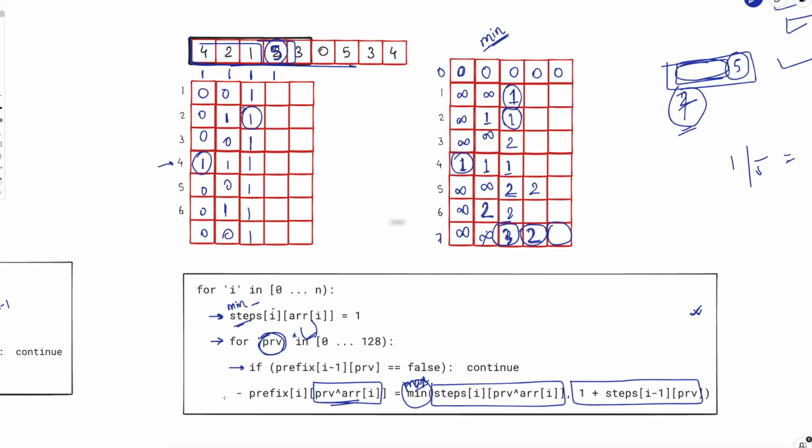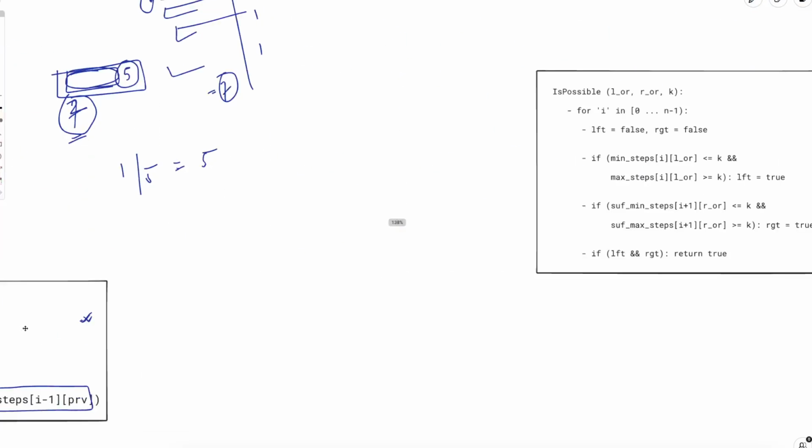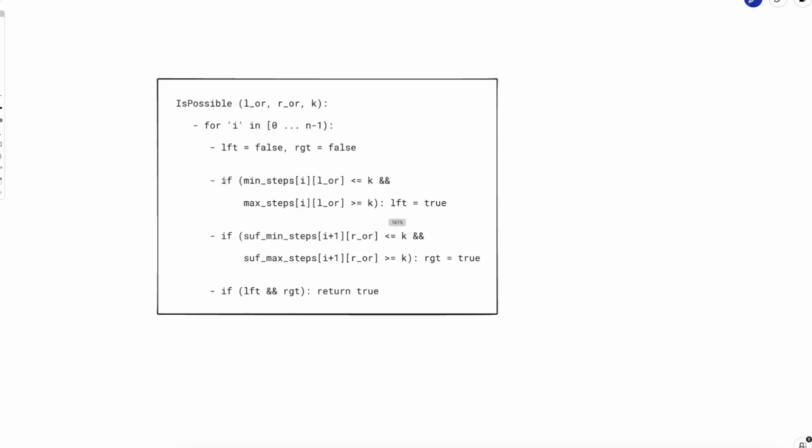So once you have both the prefix arrays built out, you can simply check the min steps of the prefix and the max steps of the prefix. The max steps should be greater than or equal to k and the min steps should be less than or equal to k. If both of them are satisfied, you will simply return true for the left part. In the same fashion, you can create a suffix version of it for the right part and check the exact same inequalities to determine whether the right part is feasible or not.